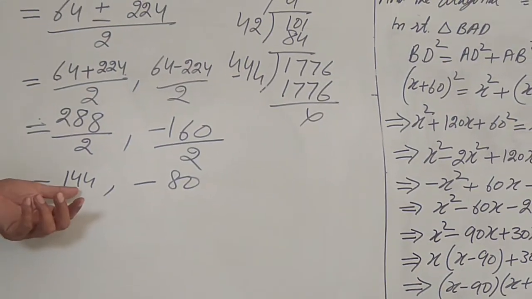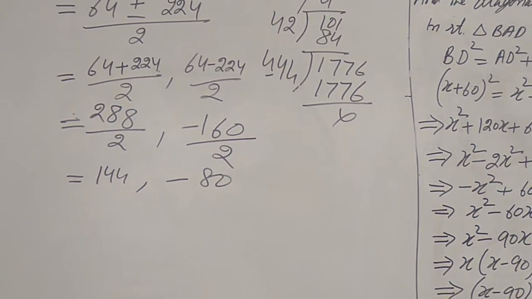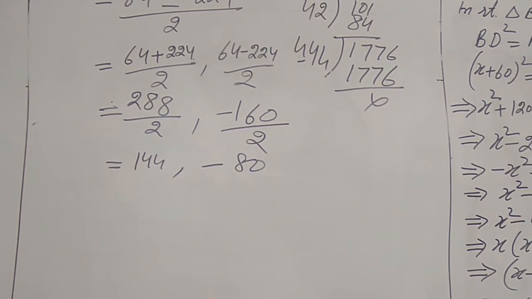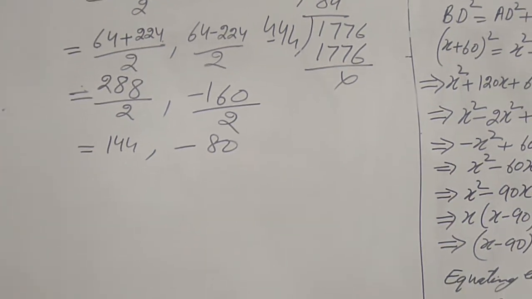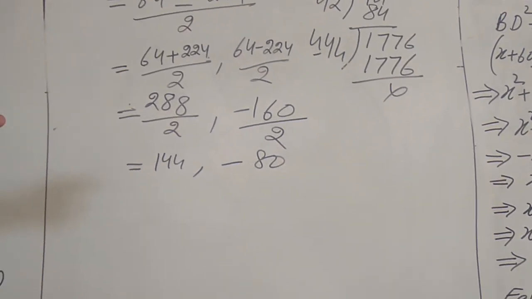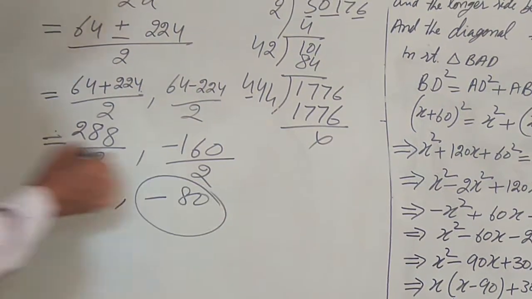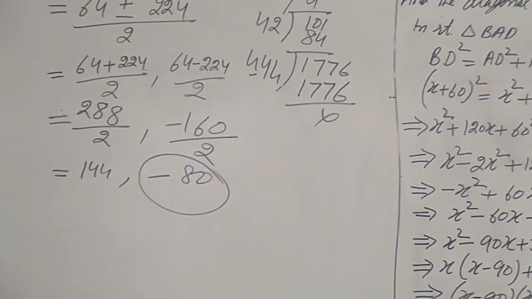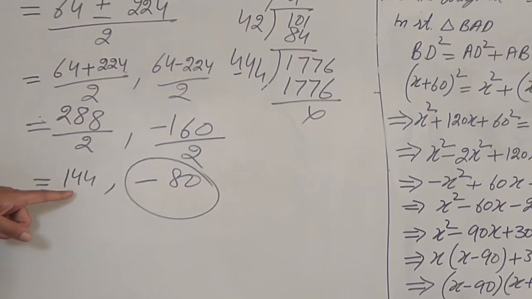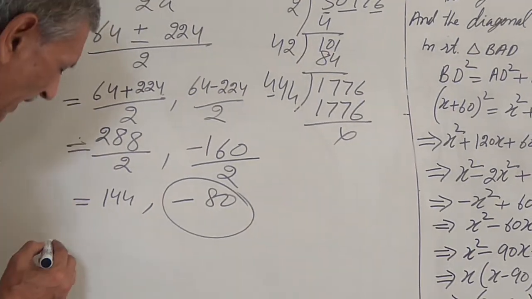As we know that we have taken y as x square, that means the square has to be positive. The value of a square will not be negative. So we cannot take this value. Therefore, the value of y is only this.